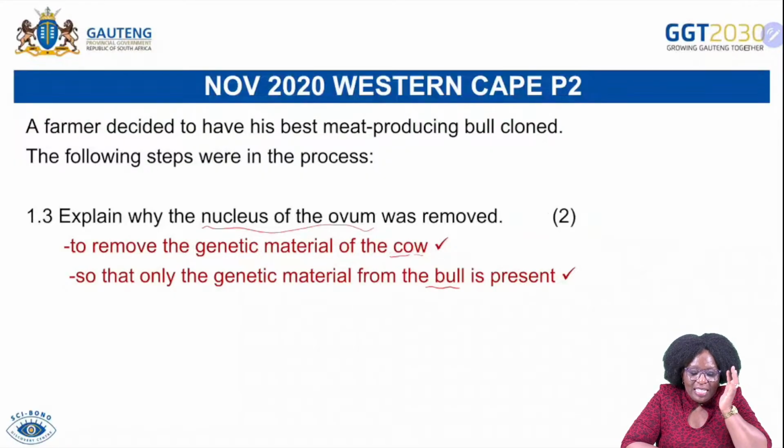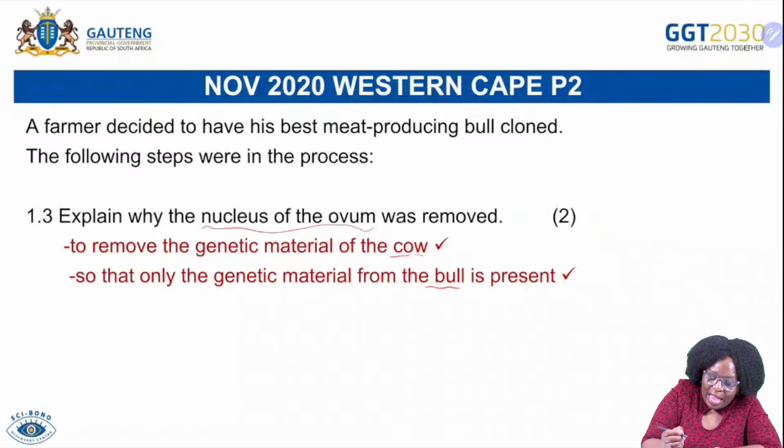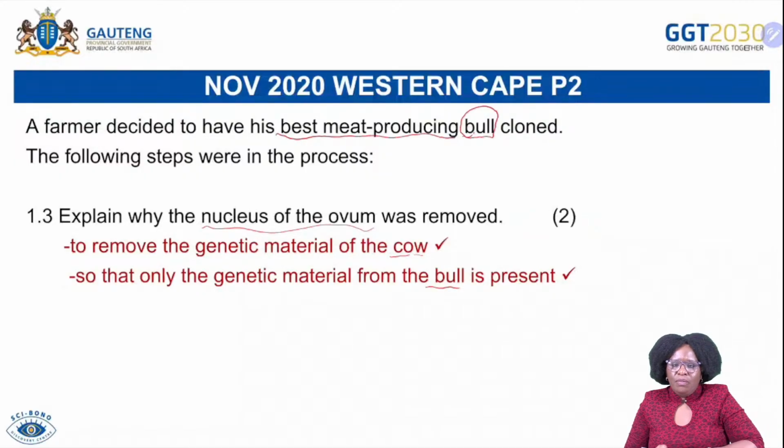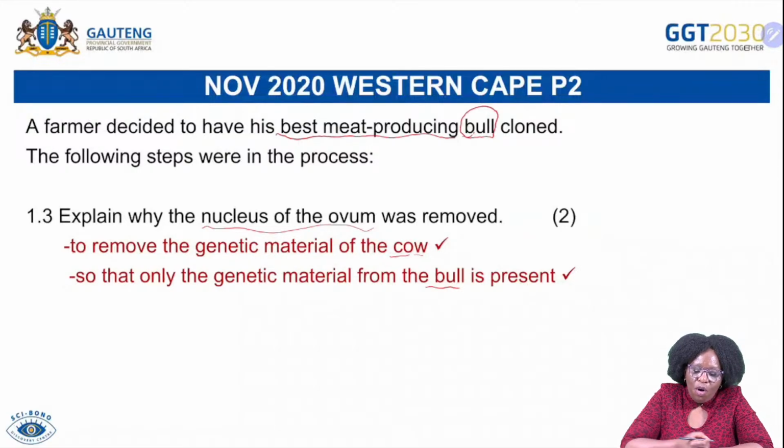The main reason is that this farmer realized that this bull is the best meat producer. So cloning this simply means that it is for market reasons. That if I can clone this bull, it means that I will have more and more exactly the same that can give me more meat production.